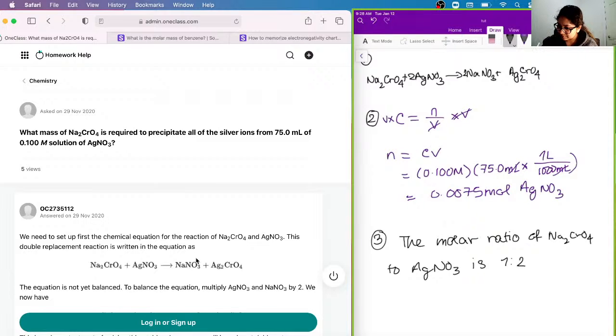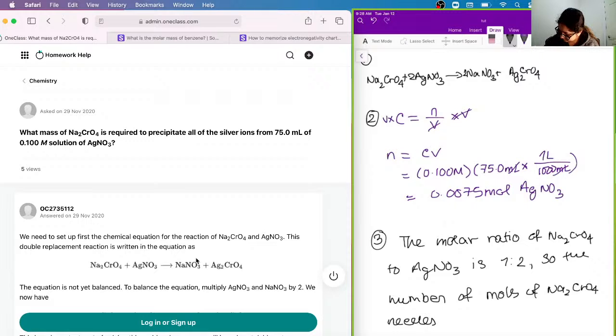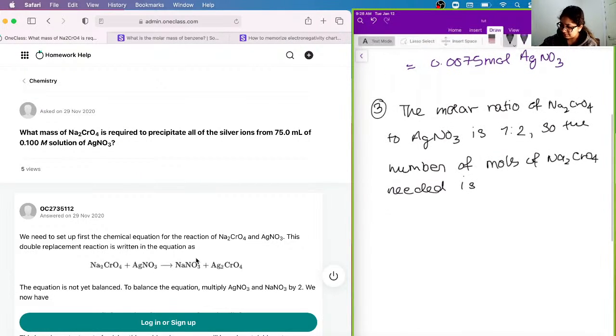And so hence the number of moles of sodium chromate needed is, so you just multiply the moles that you got for silver nitrate by the ratio.